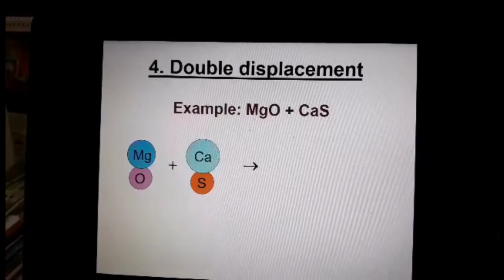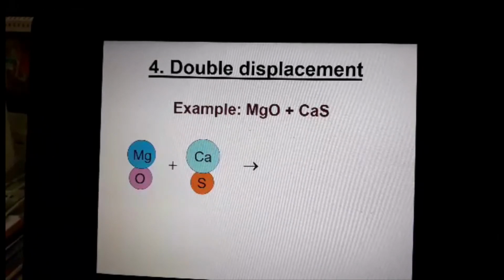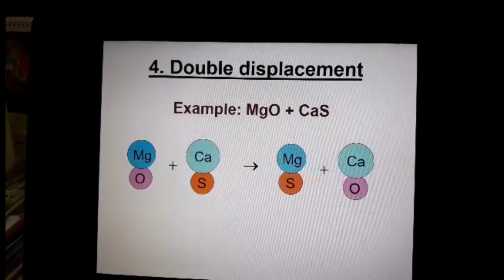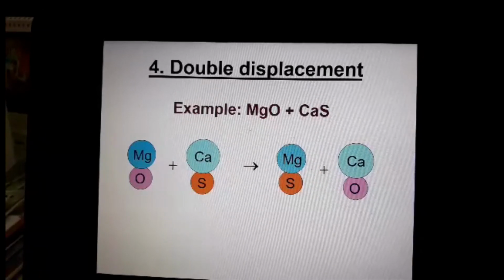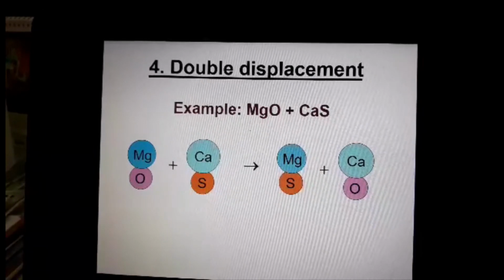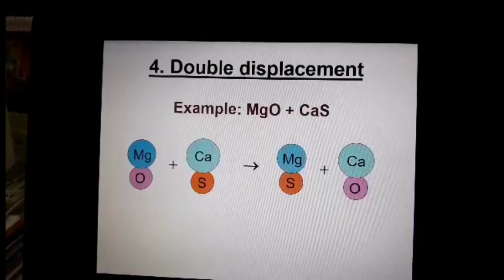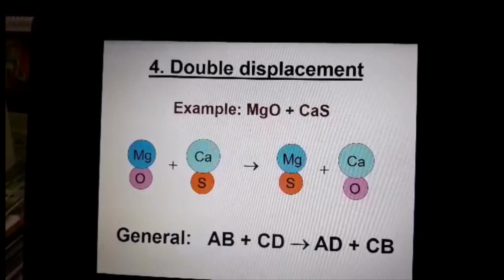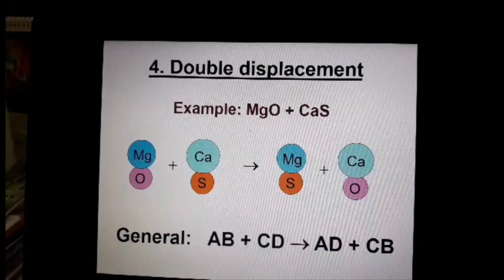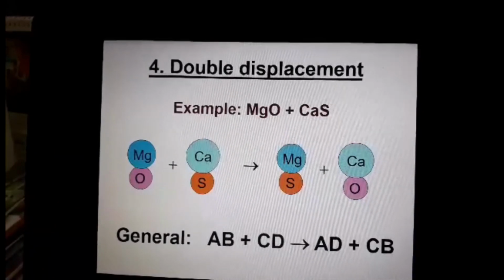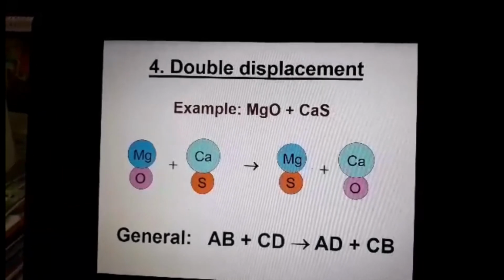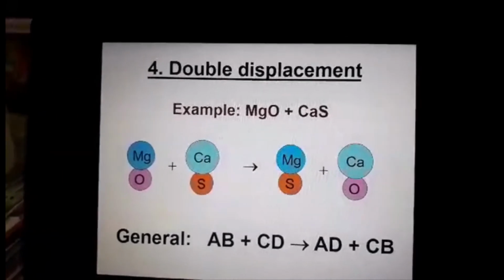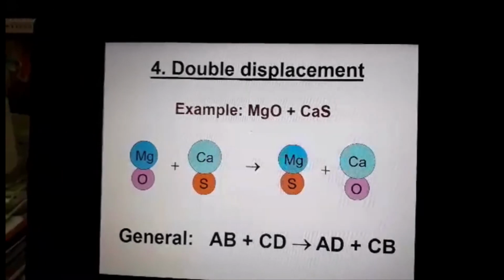So magnesium oxide plus calcium sulfide will give us magnesium sulfide plus calcium oxide. That is what we mean when the two positive ions swap partners. The general equation is AB plus CD gives us AD plus CB. So that is the double displacement reaction.